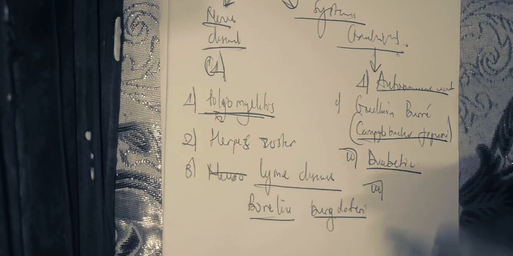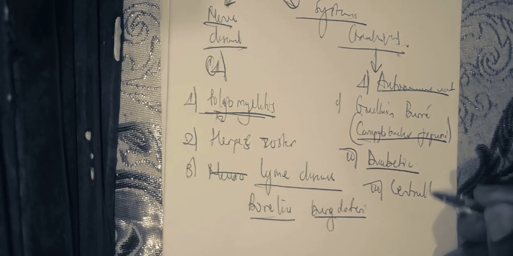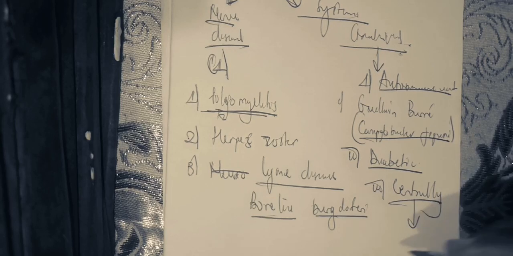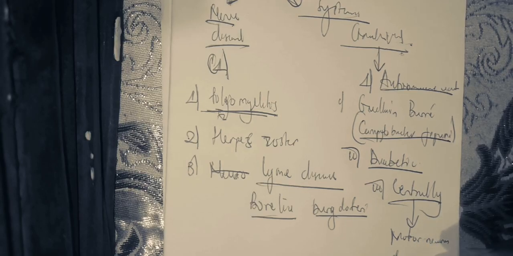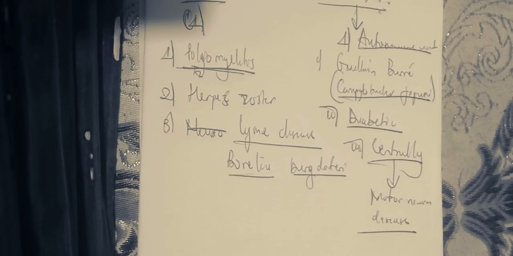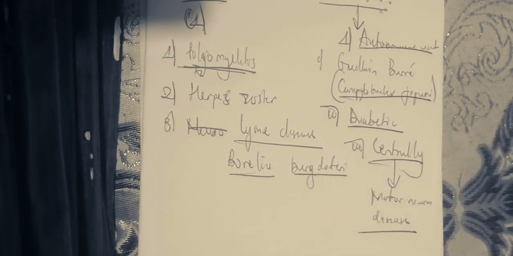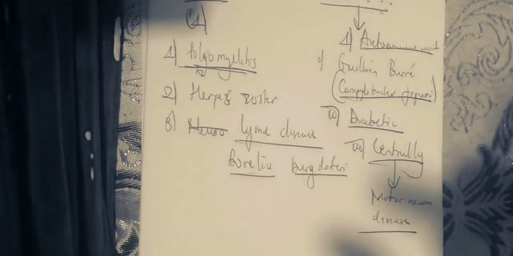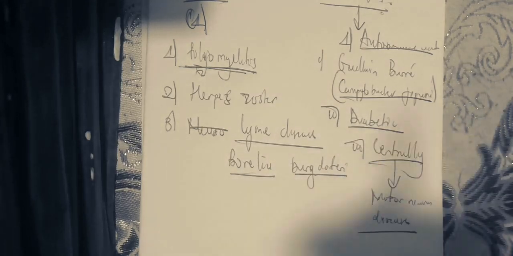Now centrally, there is a disorder that affects only the motor neurons, and that is called motor neuron disease. So it's also a type of neuropathy. Motor neuron disease affects the body at the level of the spinal cord, only on the motor neurons.